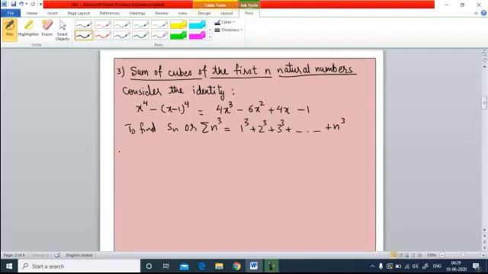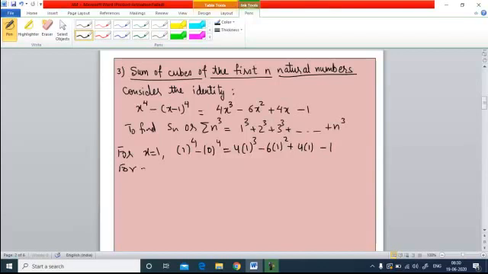So start assigning values to x. We will quickly do this. For x is equal to 1, we get 1 to the power 4 minus 0 to the power 4 is equal to 4 times cube of 1 minus 6 times square of 1, then 4 times 1 minus 1.